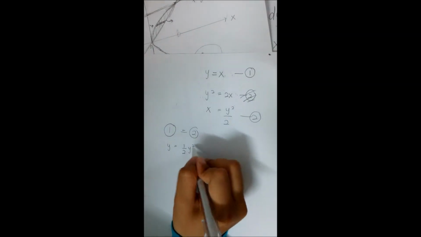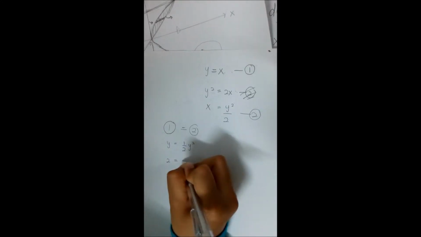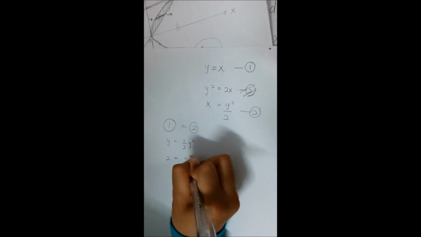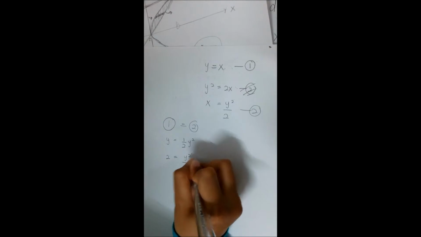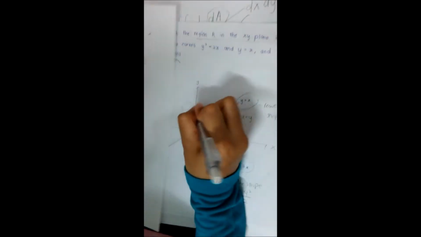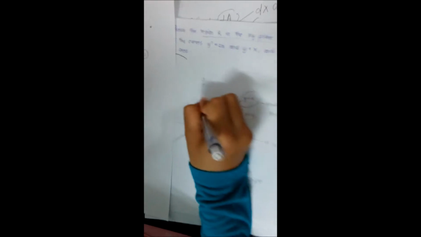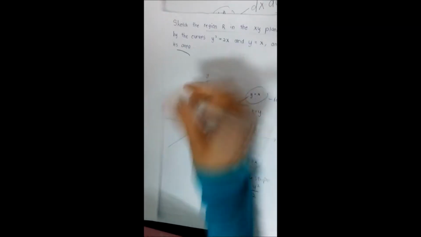So it will be like this, and y is equal to 2. Since y equals 2, this is the axis scale, the point will be at 2.